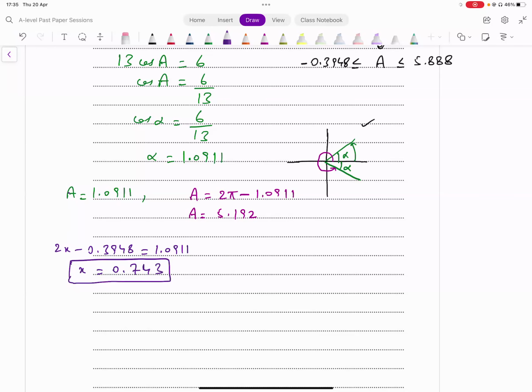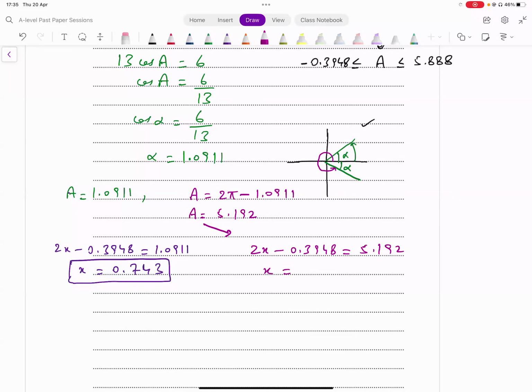Okay? Similarly, do the same for the other one. In place of a, what do you put back? 2x minus 0.3948. That should equal 5.192, and calculate x from this as well.